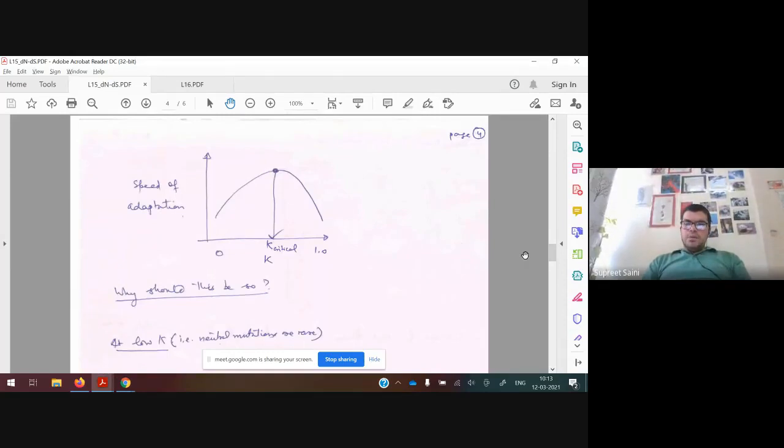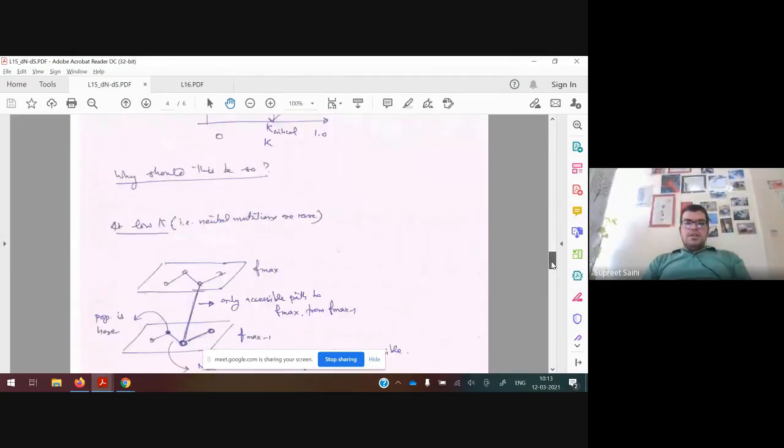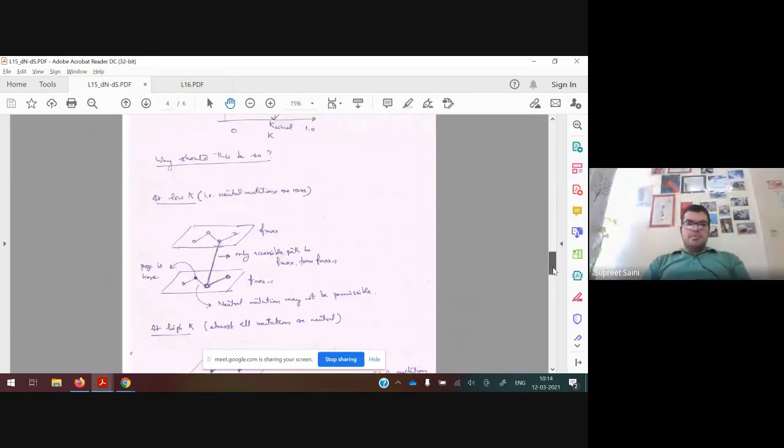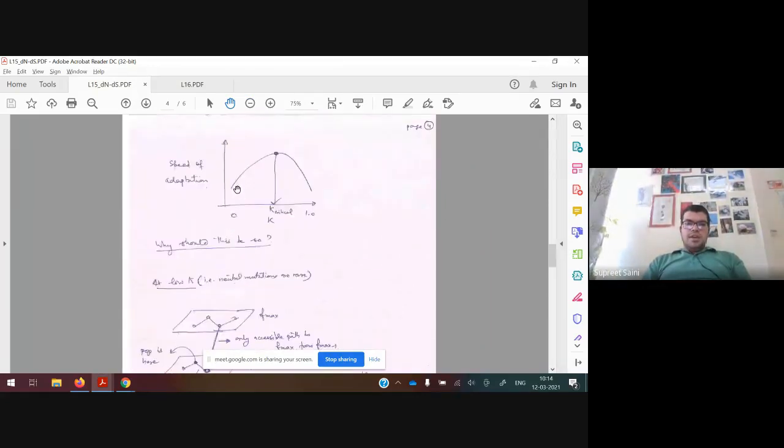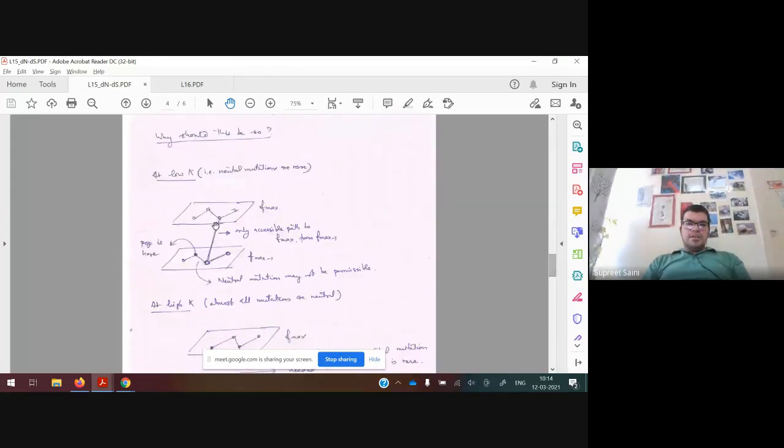Right? And why should this be so? The reason for this, we can go back to Wagner's representation. Actually, this paper came before that. It is the following: at low values of k, in Wagner's representation, if the population is here, remember we are discussing low k, very few mutations which are neutral in nature. If the population is here, and in order to move a fitness level up, you need to be here and not here, right?